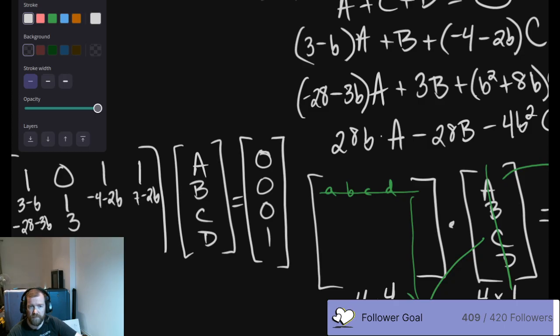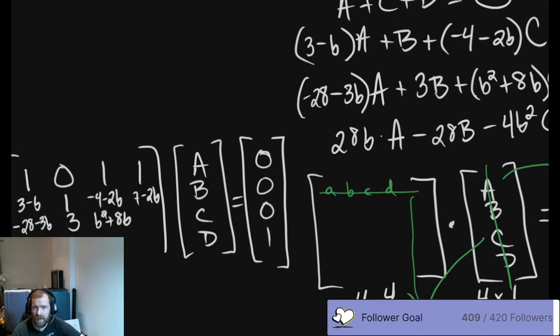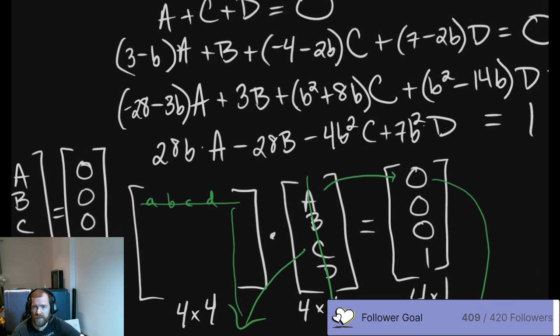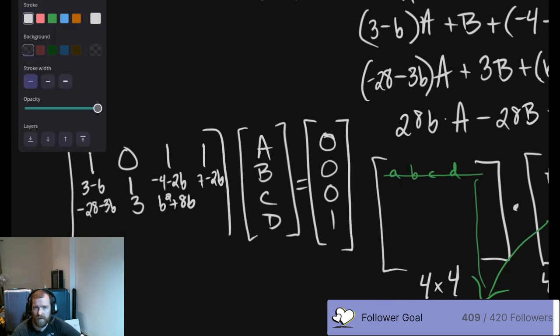Coefficient of b is 3. That one's nice and easy. Coefficient of c is b squared plus 8b. And coefficient of d is b squared minus 14b. Okay, and last one, 28b, negative 28.